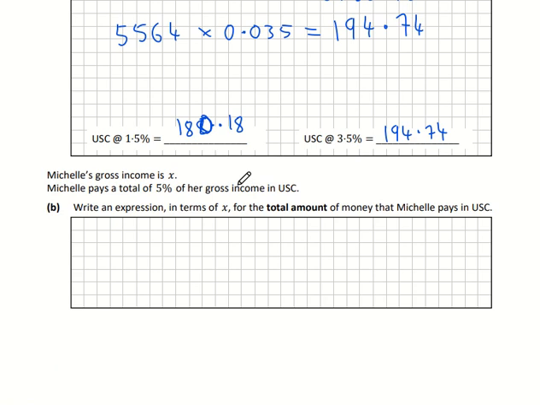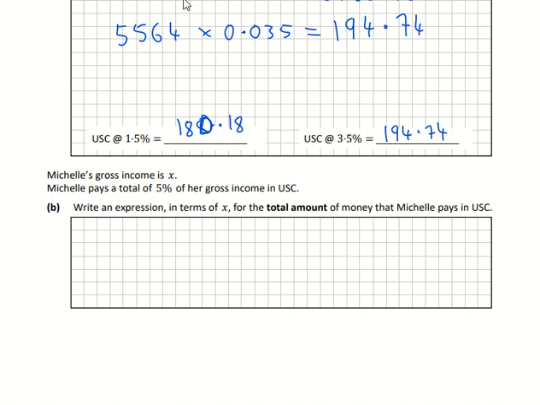The next part then: Michelle's gross income is X. She pays a total of 5% of her gross income in USC. So write an expression in X for the total amount that she pays in USC.